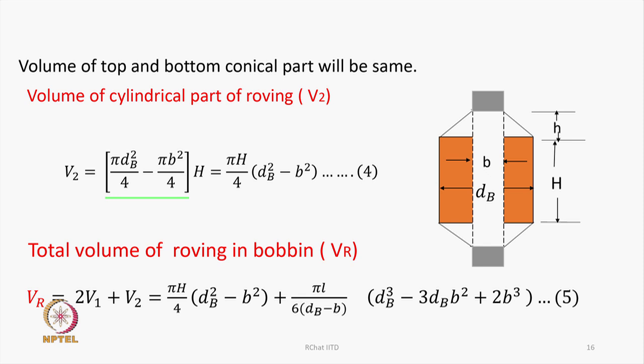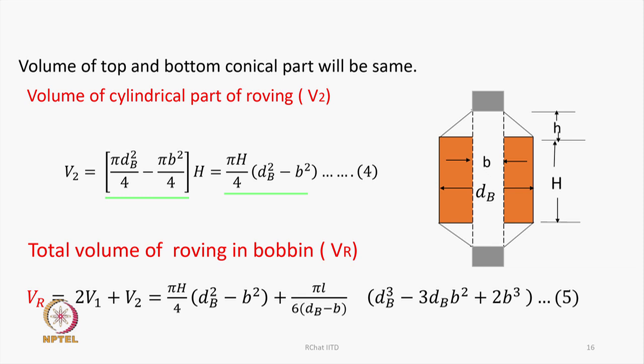I can take h common and write pi h by 4 into (d_B square minus b square), that is the volume of roving contained in this middle part of the bobbin. Therefore, the total volume of roving is going to be 2 V1 plus V2, and if we go by this, we get expression number 5.